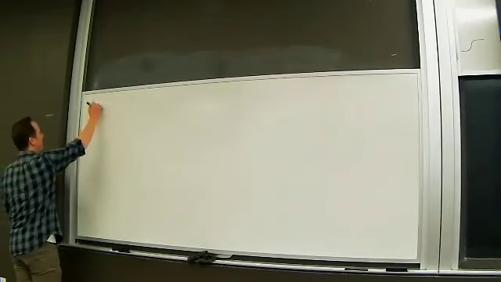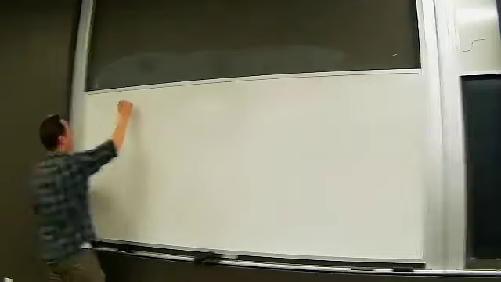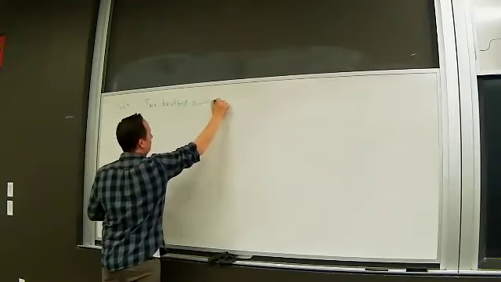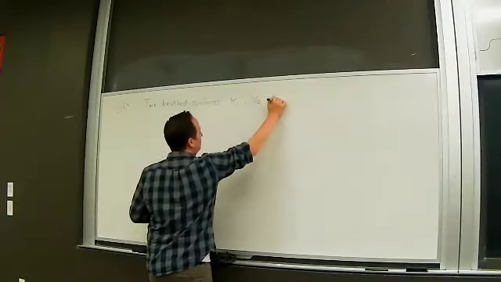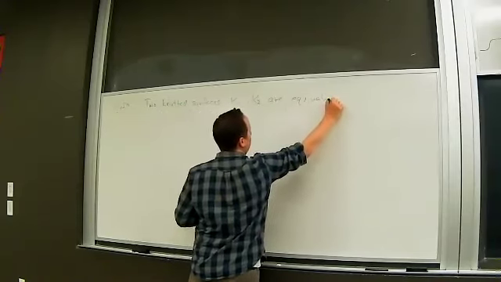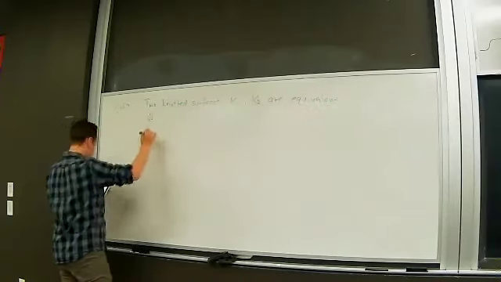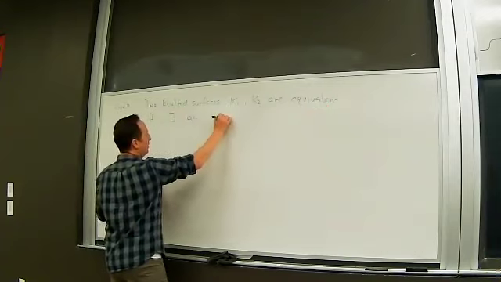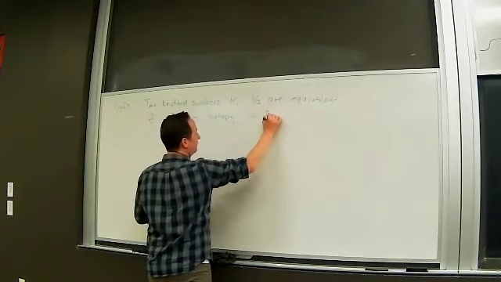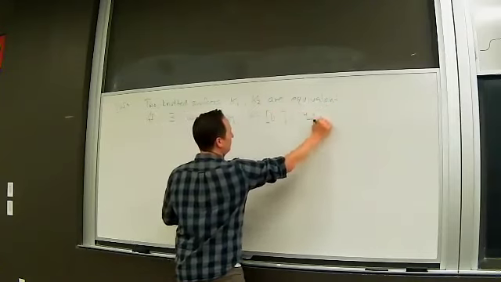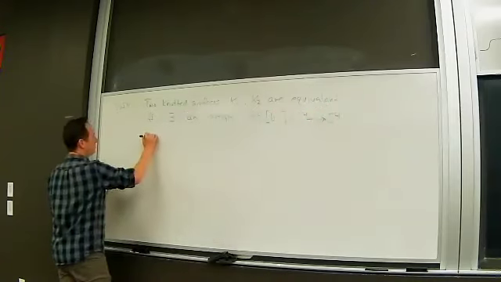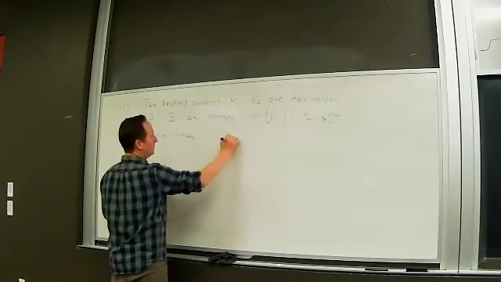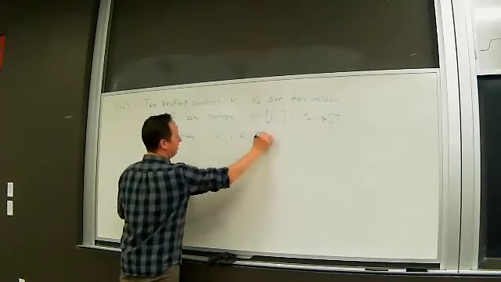For us, two knotted surfaces, say K1 and K2, are equivalent if and only if there exists an isotopy of the four-sphere which takes K1 onto K2.